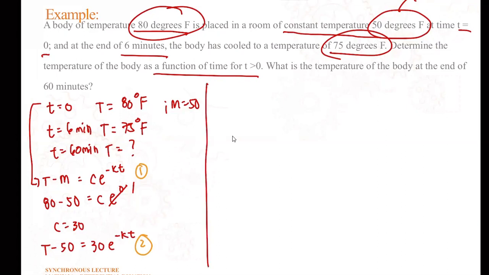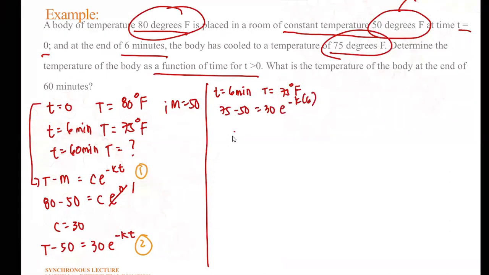So, applying yung condition natin na t is equals to 6 minutes for temperature of 75 degrees. So, value natin is 75 minus 50 is equals to 30 e negative k times 6.